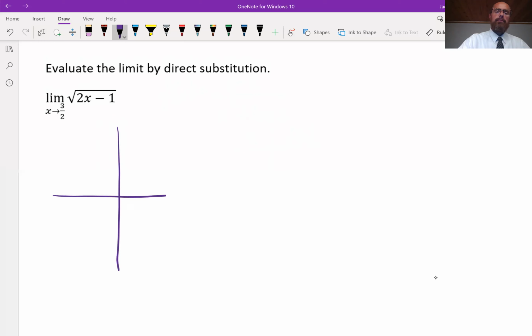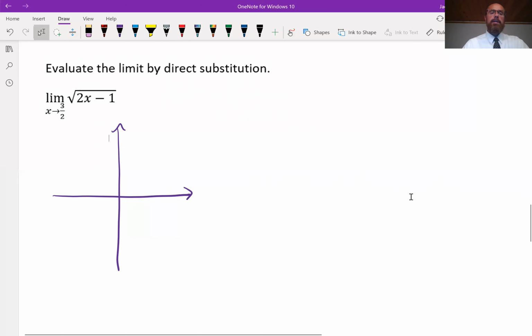And really, just to emphasize this, the graph's purpose is really just so we can see roughly what's happening with the function around that value 1.5. And does it look like it's continuous on the graph? So again, I think on this one, we could probably head to the calculator as well, just to see what that function looks like.